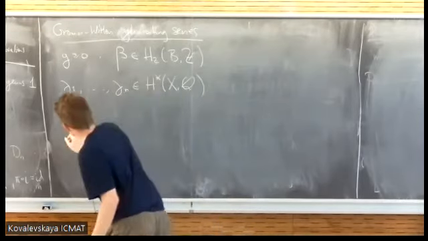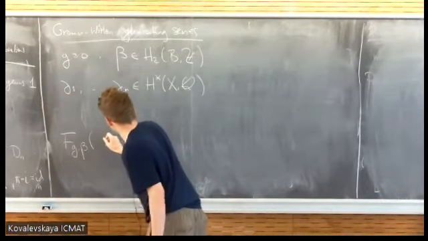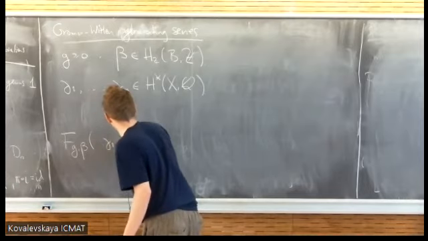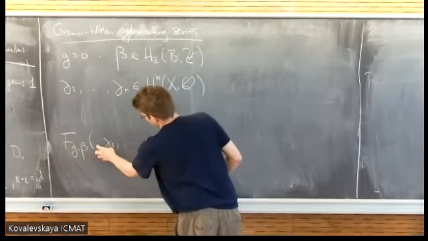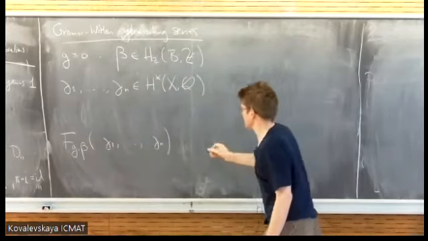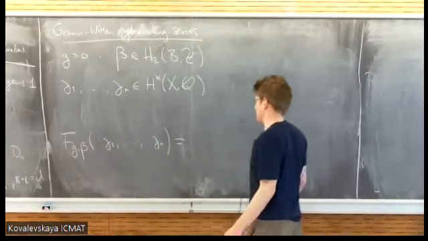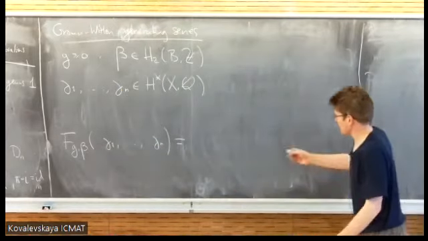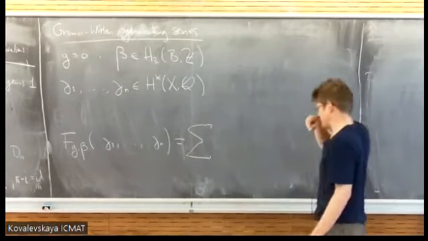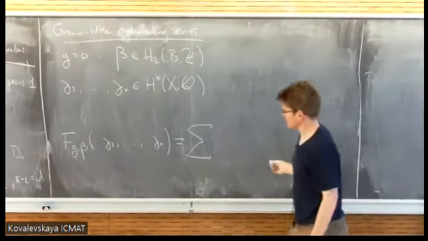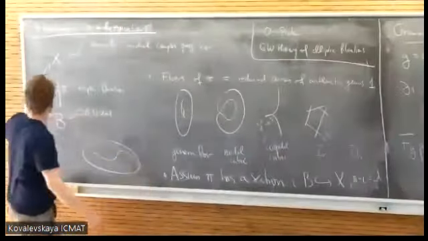Then I want to define the potential F_{g,beta} with some gamma_1. These are linear spaces, because I will modify this slightly later on. But for now, just ignore the space. This should be a generating series of Gromov-Witten invariants with respect to curve classes that map down to this beta.